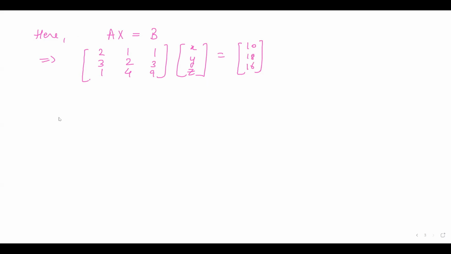As you could notice here, this is a 3 cross 3 system, 3 unknowns and 3 equations. Now, what is my augmented matrix? So consider the augmented matrix. Any notation you can use. And this is my augmented matrix. So let me write this.